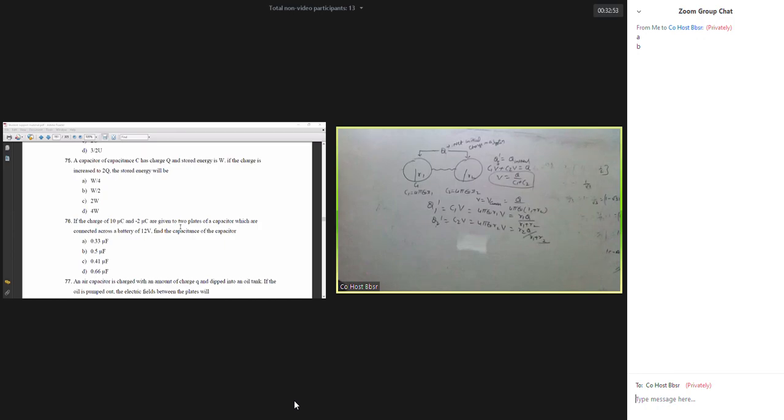Q1 minus Q2 by 2 into C. It asks me to find V. 8 by 12, which is 4 by 3.